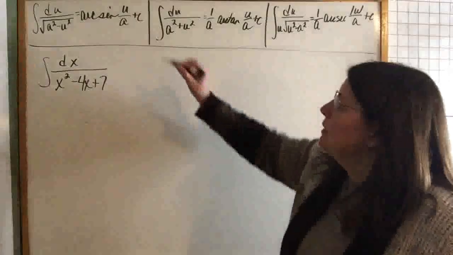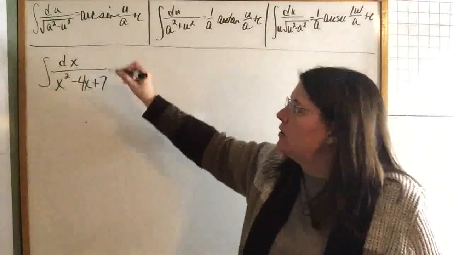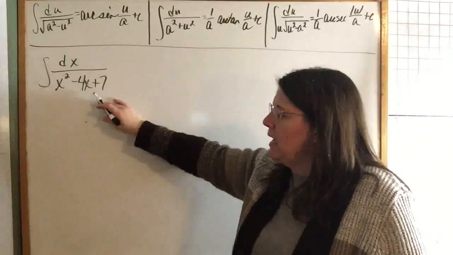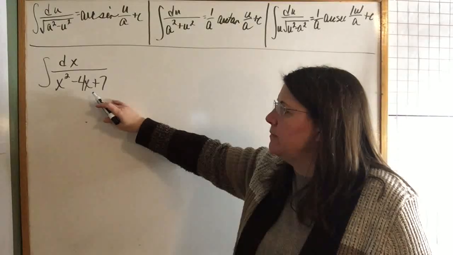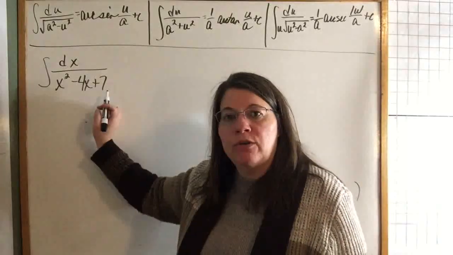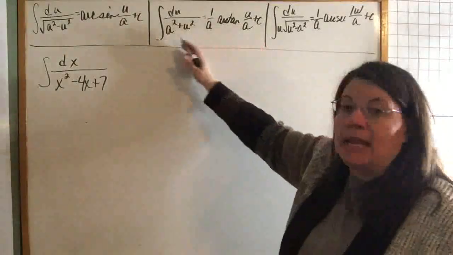I've rewritten the inverse trig function antiderivatives up here so that we would have a little bit more room to work. With this one, we've got the integration of dx over x squared minus 4x plus 7. For this, I notice that it does not have a square root underneath, so I'm thinking it's probably going to be an arctangent problem.